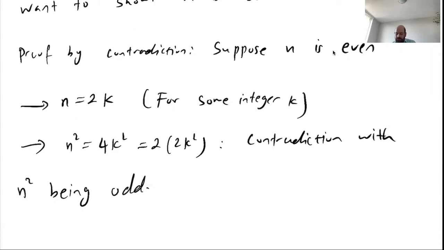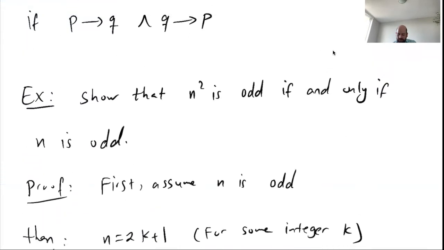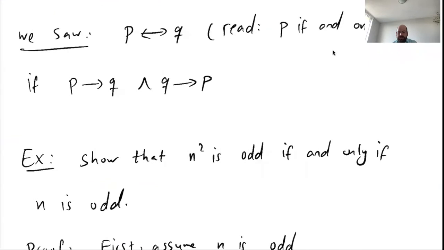Okay, so we proved both statements, P implies Q and Q implies P, which means we have proved the if and only if statement. This is for equivalence of two propositions, P and Q. What about if we have more than two?